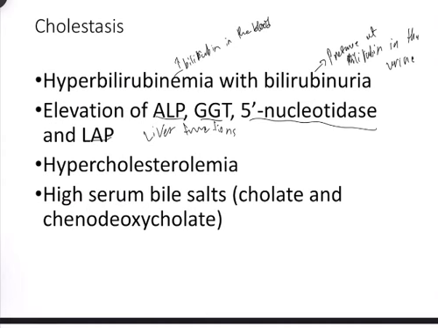Okay, so that is why our cholesterol rises. Also, high serum bile salts, cholate, and chenodeoxycholate are being found within the bloodstream.